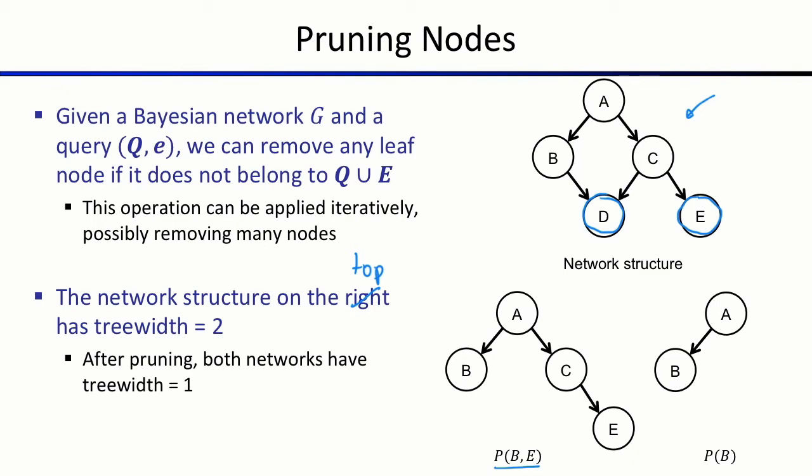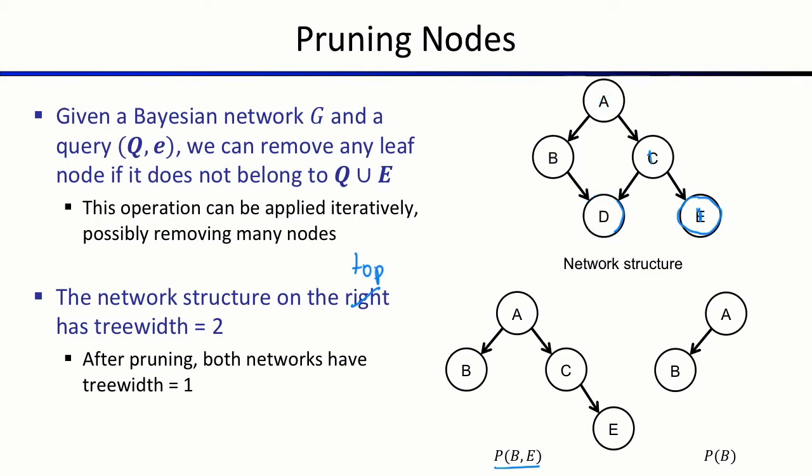But we expect that it's going to be at least 2, because this node here has 2 parents, and all the remaining ones: this one has 1 parent, this one has 1 parent, this one has 1 parent, and this has 0 parents. So we expect the tree width to be at least 2. In fact, it was computed and it is 2. And now we want to compute the query.